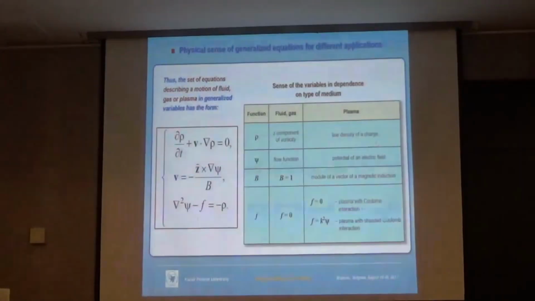The sense of the variables, depending on the type of medium, is shown in this table. For example, function ρ has the sense of the z component of vorticity for fluid and gas, and it has the sense of line density of charge for a plasma.